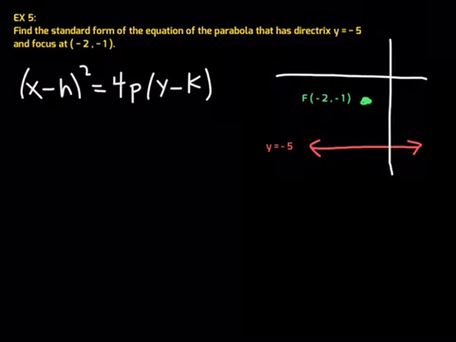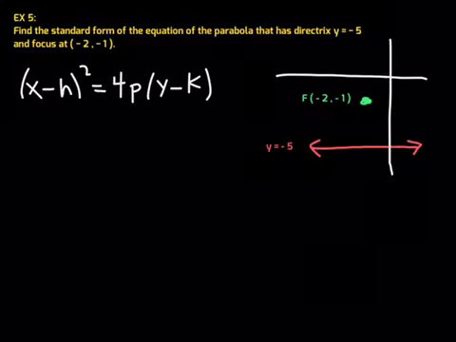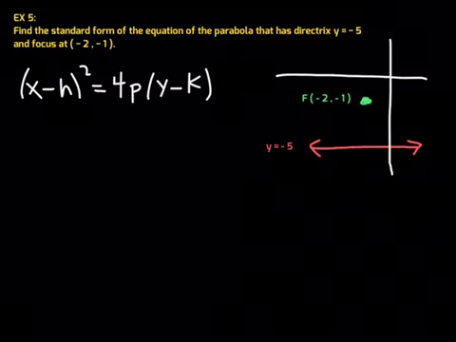In other words, since the vertex is a point on the parabola, it has to be the same distance from the focus as it is to the directrix. So the vertex has to be right here.